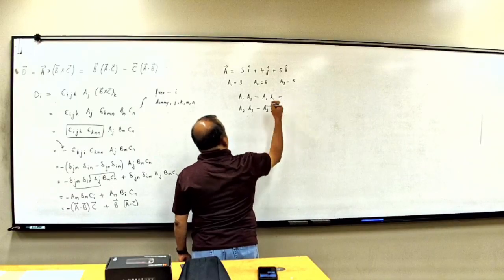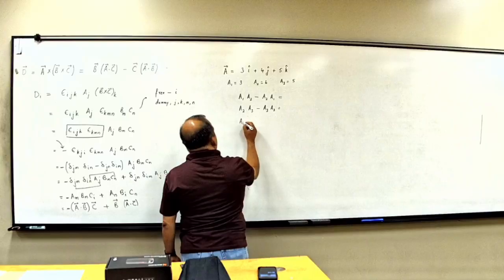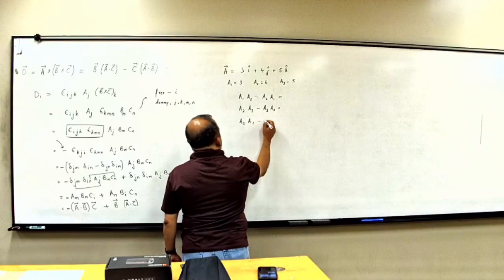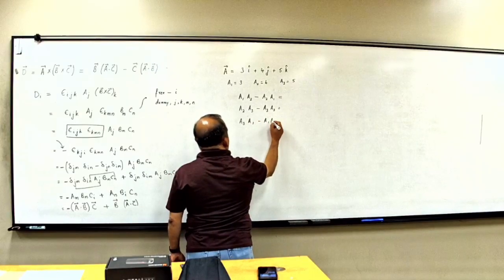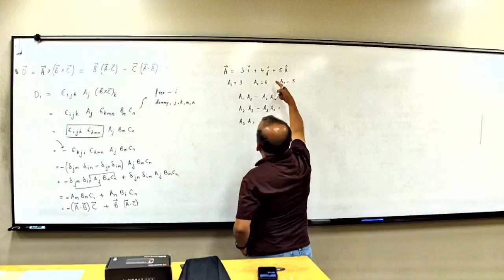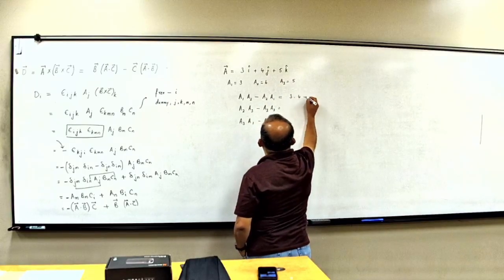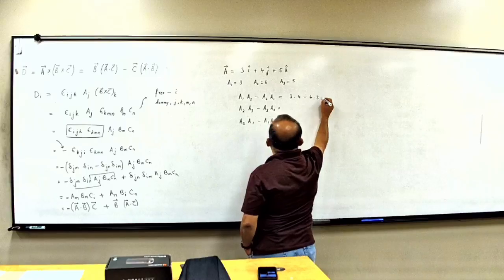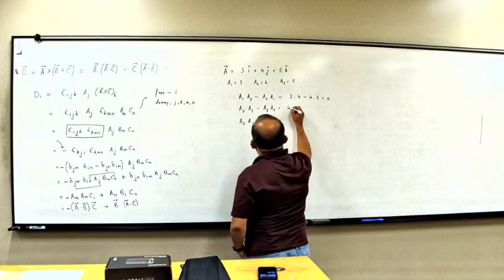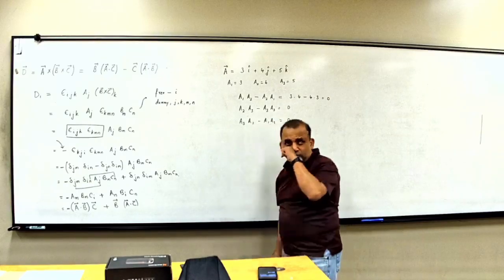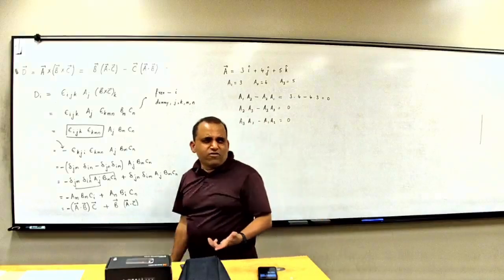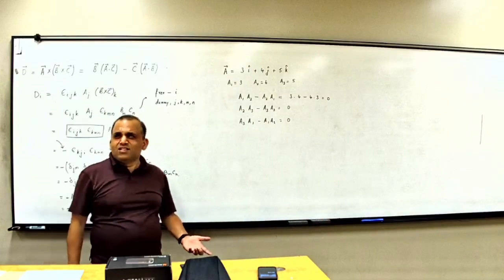That's 3 times 4 minus 4 times 3. That's 0, right? This is also 0. Whenever you have numbers, they commute.